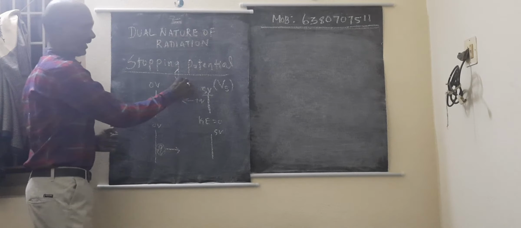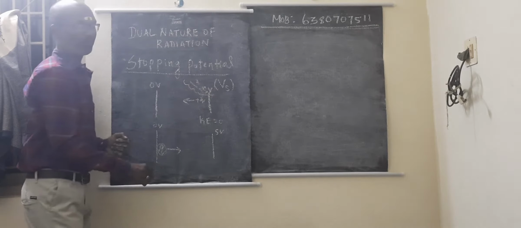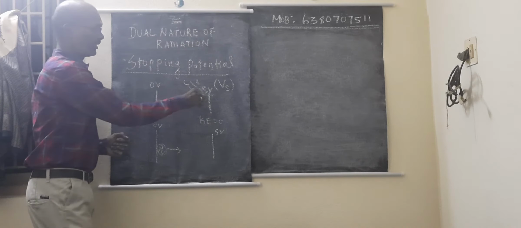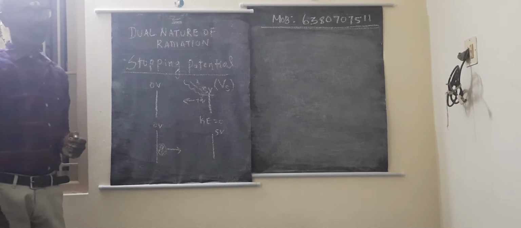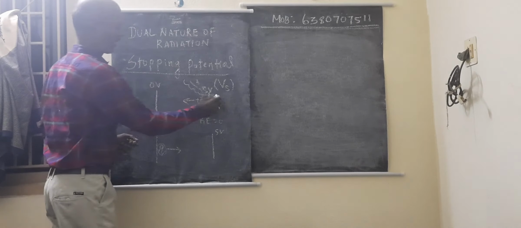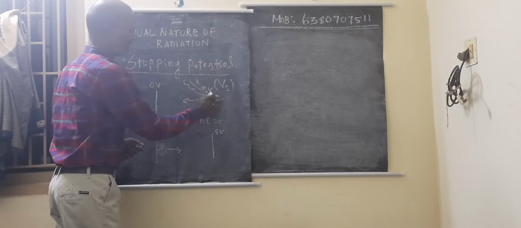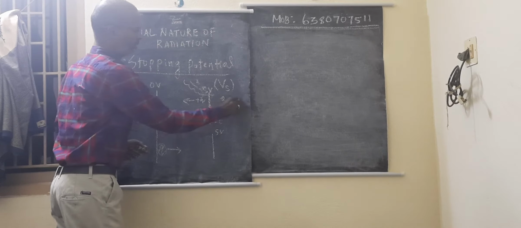Suppose a light with a particular wavelength is incident here. It will try to remove the electron, and the electron will have some maximum kinetic energy. For example, the electron kinetic energy is 2 electron volt.